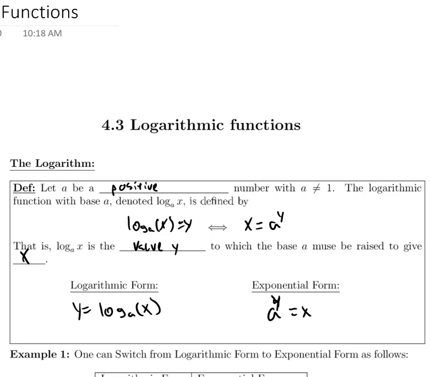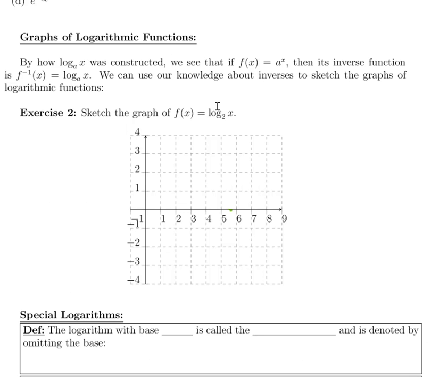And to understand this function, I want to look at a graph, because exponential and logarithmic functions are really just inverses of each other. So say I want to know what the graph of log base 2 of x is, then that definition really just defined the inverse of an exponential function.